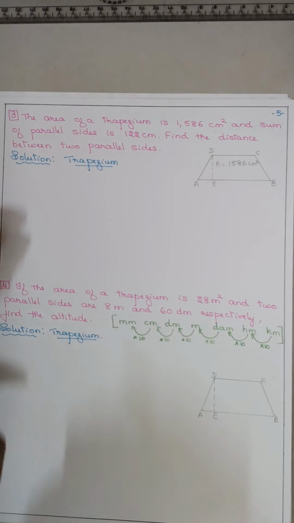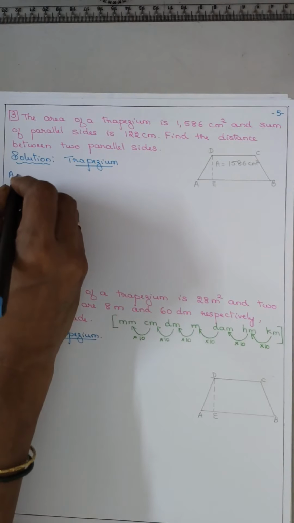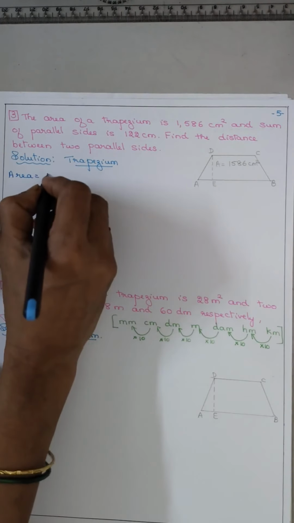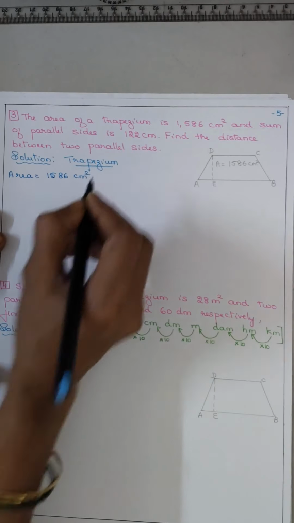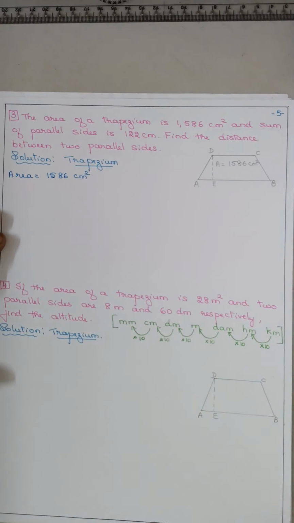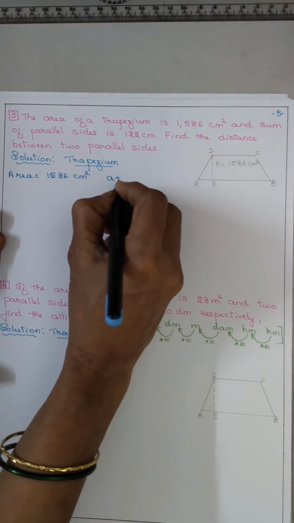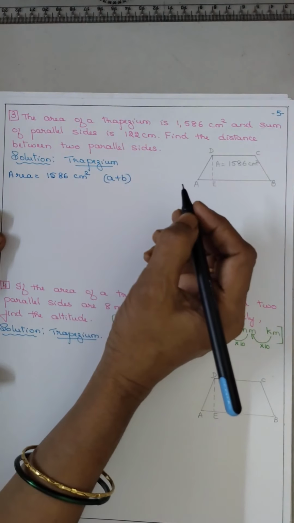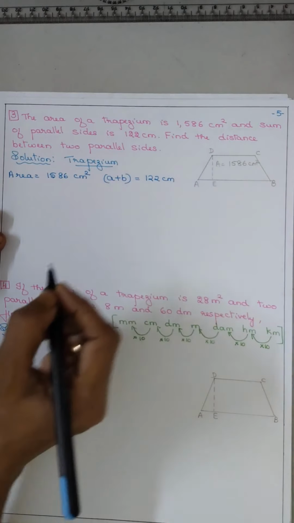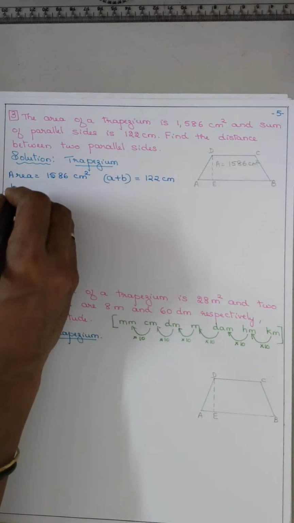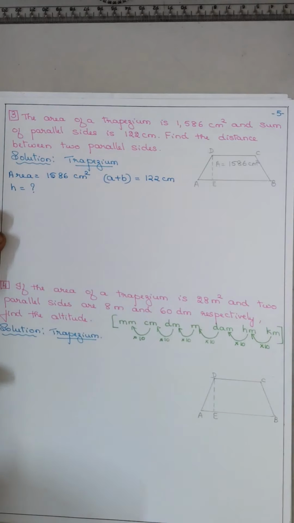What they have given? Area is equal to 1586 centimeter square. The sum of the parallel sides means A plus B directly they have given as 122 centimeter. They have to find out the distance between the two parallel sides.